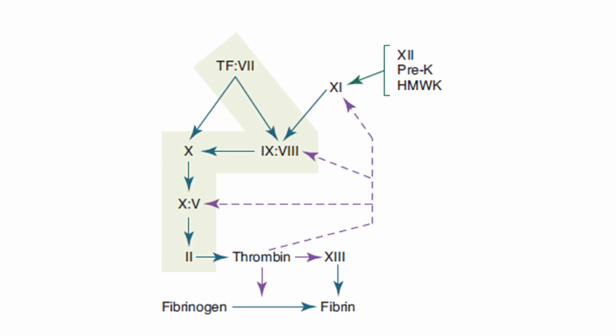Factor 10 acts on factor 5, and then factor 2, and then finally thrombin, which is the activated form of factor 2. When thrombin acts on fibrinogen, it becomes fibrin, and fibrin stabilizing factor, factor number 13, can stabilize this fibrin clot.